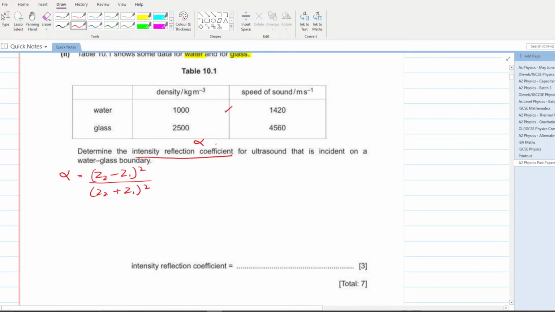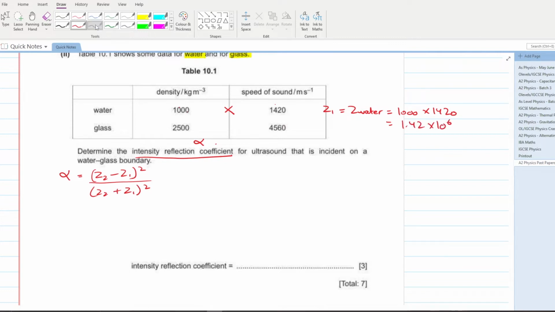Very, very easy. If I multiply this density with this speed, Z1 or Z of water will come out to be 1000 multiplied by 1420. This comes out to be 1.42 into 10 raised to the power of 6.